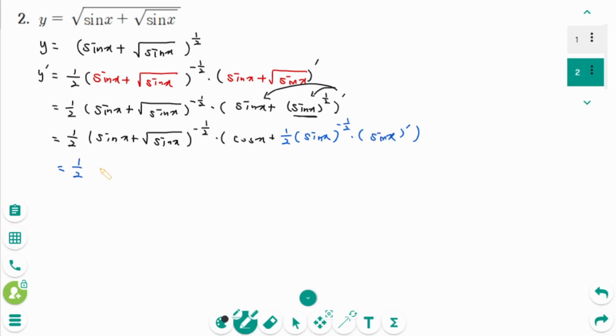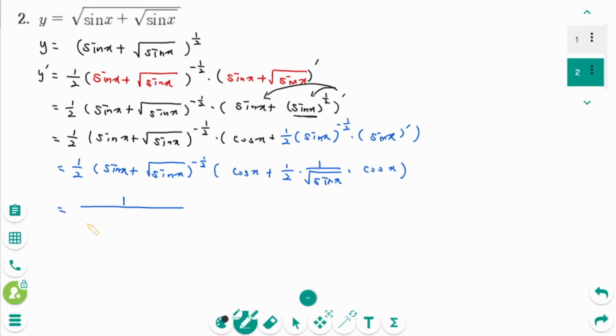That equals 1 over 2 times (sine x plus the square root of sine x) to the power of minus 1 over 2 times cosine x plus 1 over 2 times 1 over square root of sine x, times (sine x)' equals cosine x.